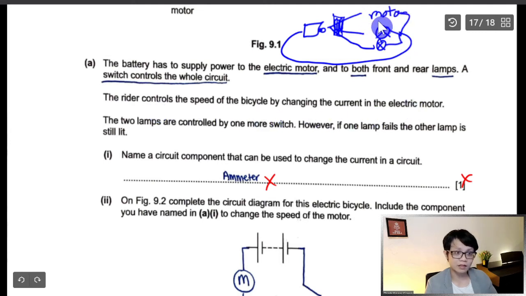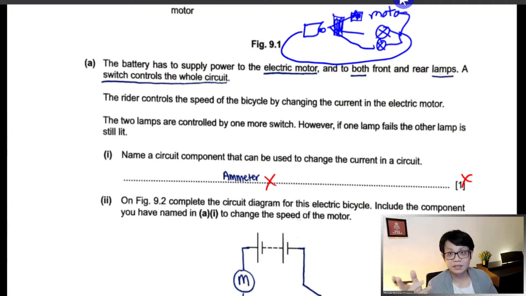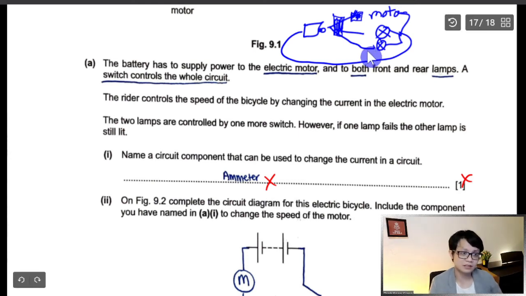So in order to reduce the motor, what we can do is reduce the current. So we use a variable resistor here. The reason I say resistor is to reduce the current. Variable resistor means you can adjust the current. You can go and buy one for just a few ringgit, a few bucks, depending on how big your experiment is.